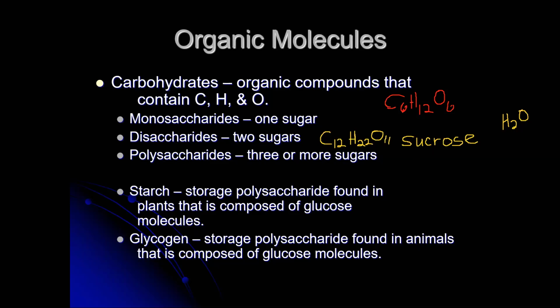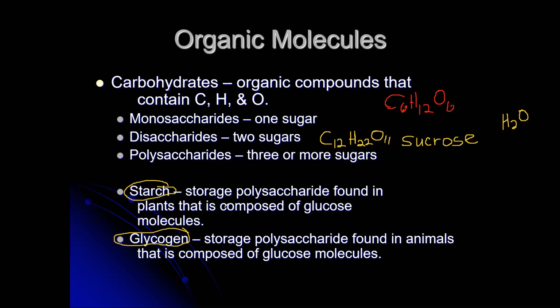We get 3 or more sugars hooked together, 3 or more monosaccharides hooked together. We get a poly. Poly means many again, more than 2. And then we get the potential for these really large molecules, like starch and glycogen. Again, you can see these in your book.